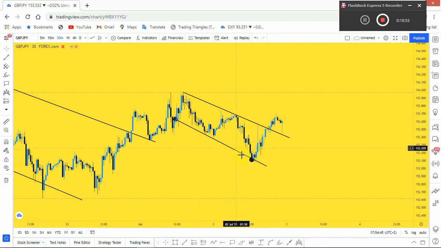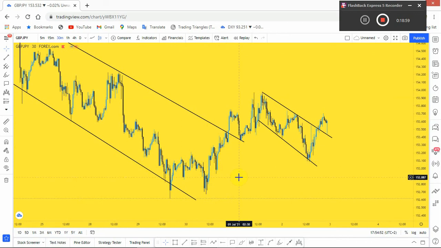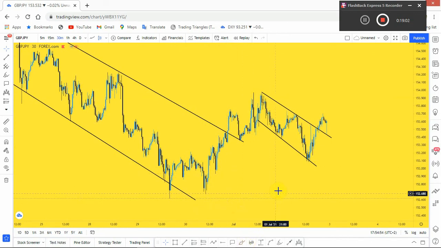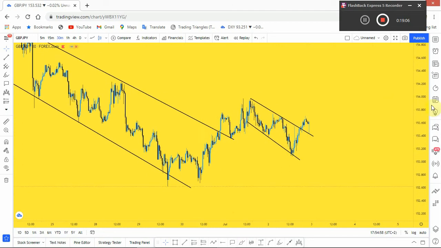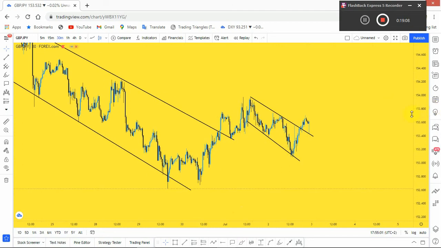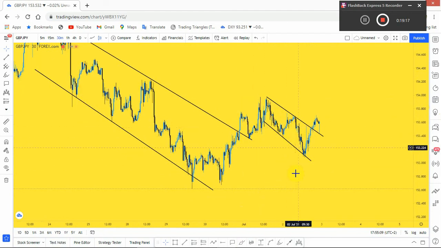So we have this continuation pattern here, which completed itself. This flag, or whatever it's called, I don't care what it's called, this flag completed itself in the form of a 1, 2, 3 touch confirmation, a typical Falcon FX pattern.